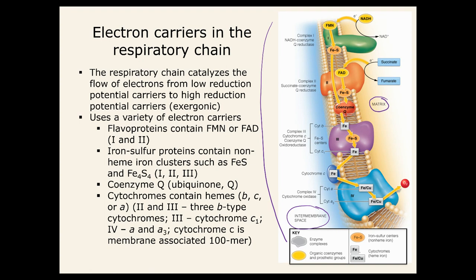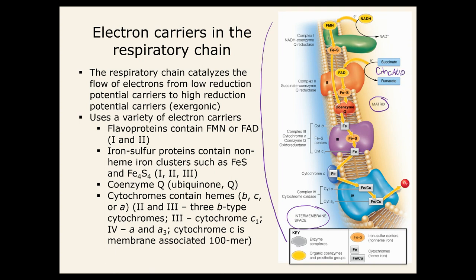The other thing too is that they're complexes, meaning that there are a bunch of different proteins and they have names. So complex 1 is NADH coenzyme Q reductase. Complex 2, that aligns itself with citric acid cycle.